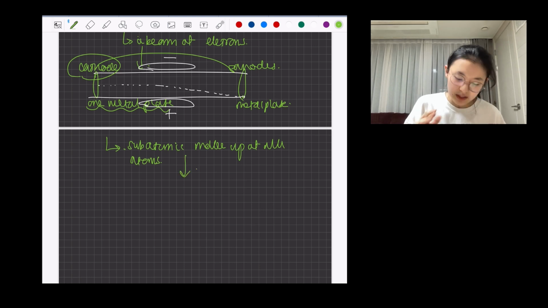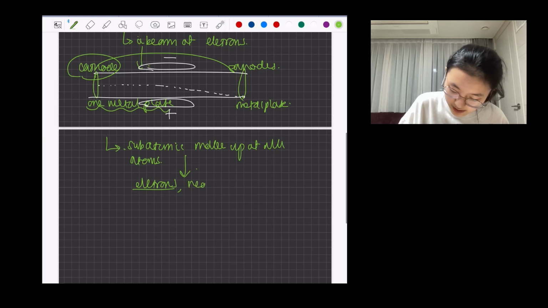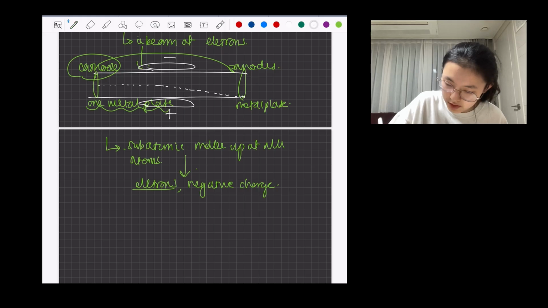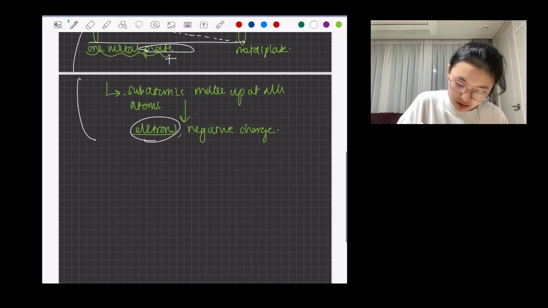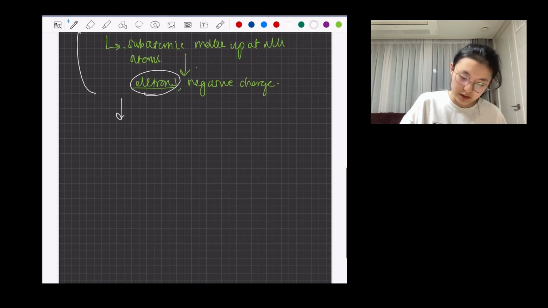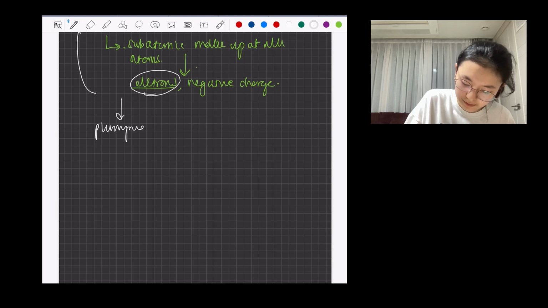Thomson stated that these rays are due to electrons, which had a negative charge. This was the first time the concept of the electron really came into being. Based on this observation, J.J. Thomson announced this new plum pudding model.